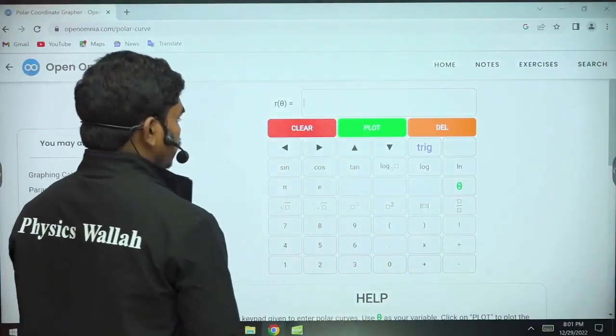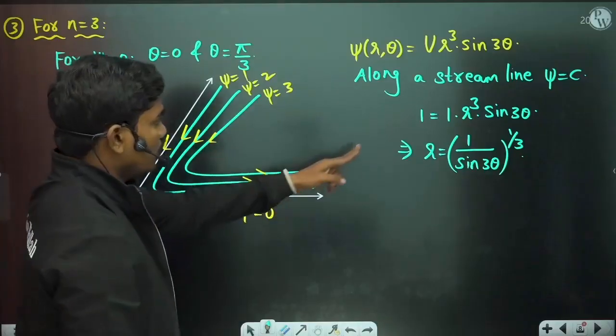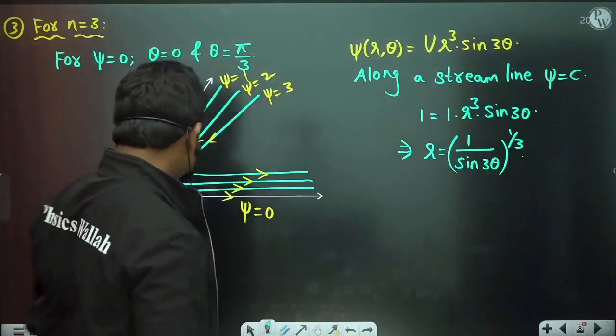So this is the cube root of 1 by sine 3 theta, correct?